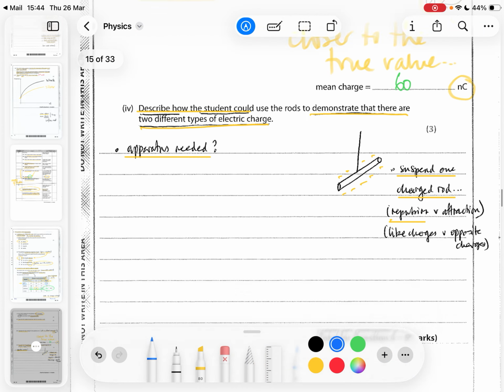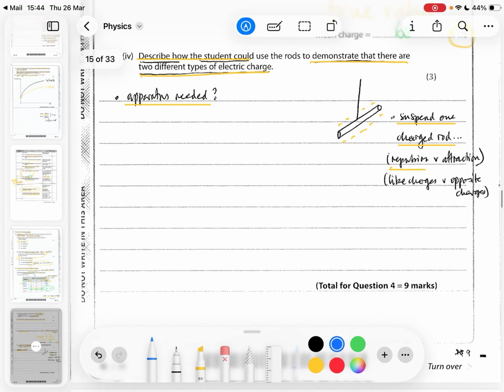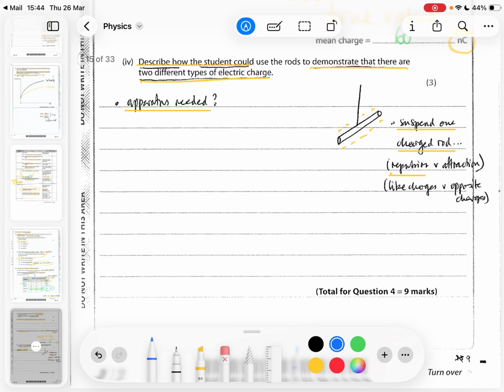If you brought a positively charged rod close to it, you would get attraction. So the glass rod would attract. So you need to say that opposite charges will be attractive and like charges will be repulsive. So these are the points that you need to make to get 3 marks.